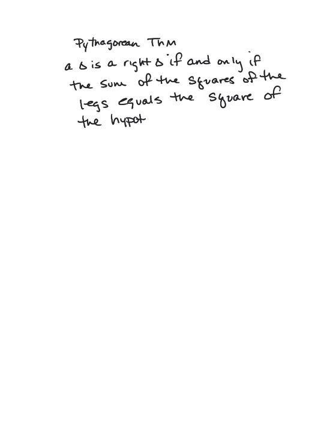Okay, you've heard it, a squared plus b squared equals c squared. It doesn't have to be that. It could be x squared plus y squared equals z squared. Okay, these are just variables, okay?